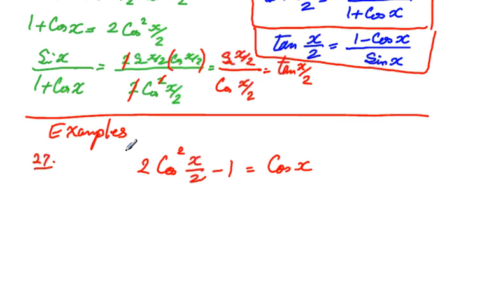So the examples here say simplify. Again, that dreaded word, simplify. They say babies don't come with user manuals, and actually mathematics doesn't come with a user manual either. It's like, do whatever you can do.